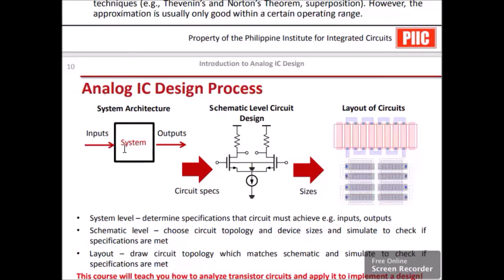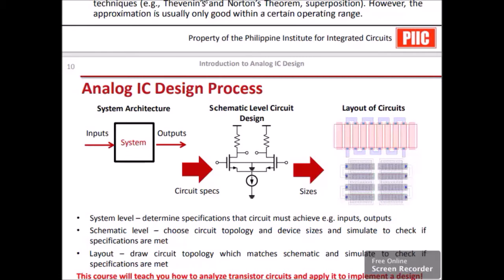Pagdating dito, pag klaro na sa'yo ano yung kailangan mo, sa schematic level, dito mo na pagpaplanuhan ano ba yung arrangement ng iyong transistors, okay? Yun, ano ba yung arrangement niyan, yung topology, at ano bang sizes ng ating transistors, kasi it's important sa IC design yung sizes ng transistor. You'll know that later as we go on. Okay? So, ayun, ito na siya.